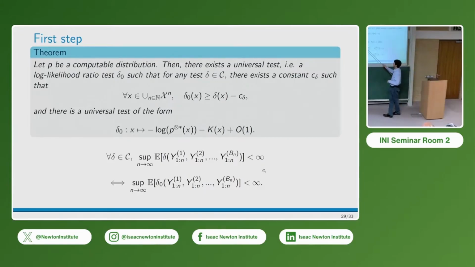So x here is any sequence of any length. What you do is compute the Kolmogorov complexity of x, meaning essentially the smallest compressed representation of x in some sense.